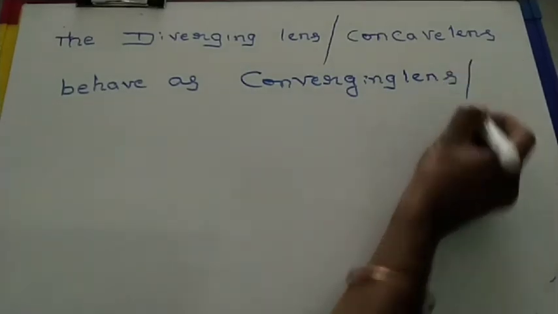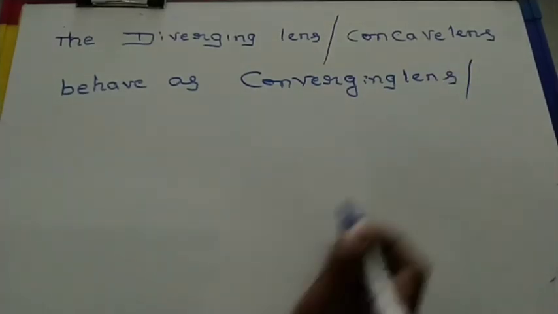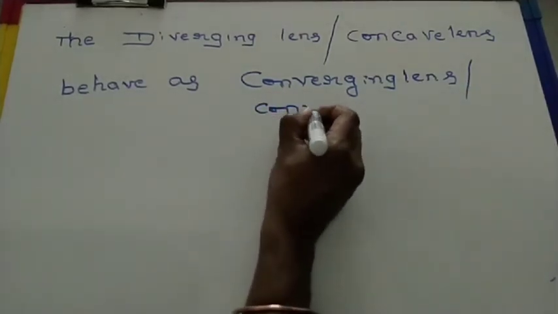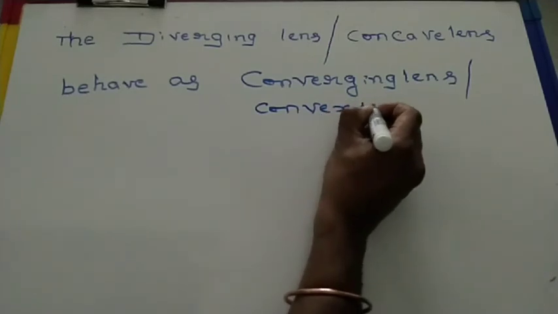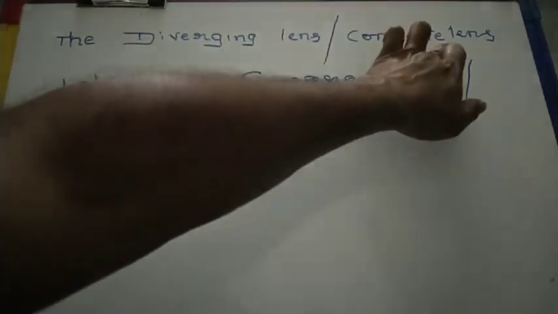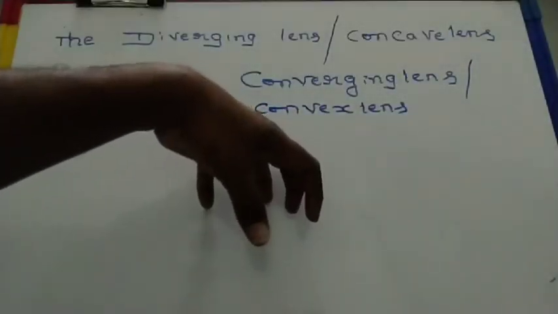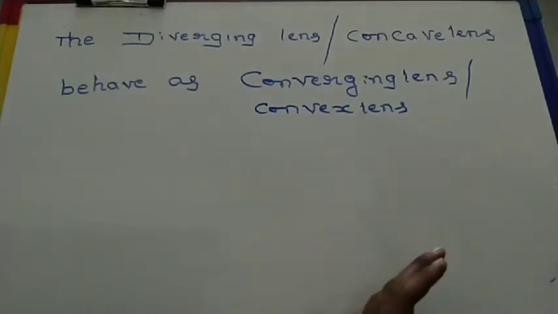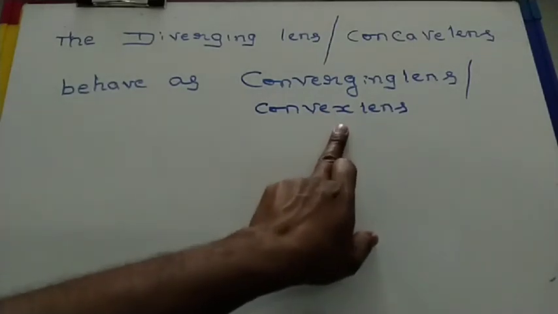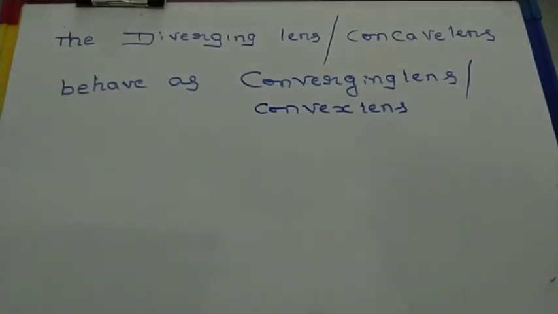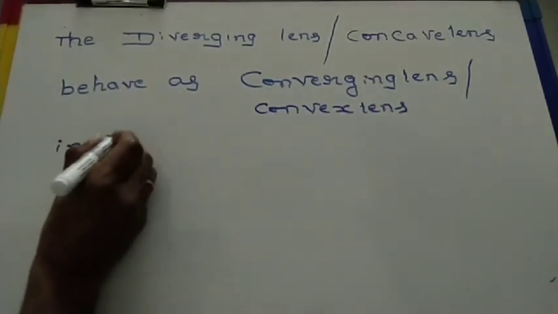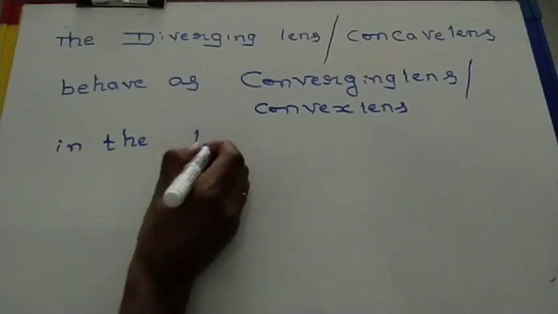Converging lens means convex lens. That means a concave lens immersed in a high refractive index liquid immediately acts like a convex lens. Okay, that is the meaning. Lens in the liquid.